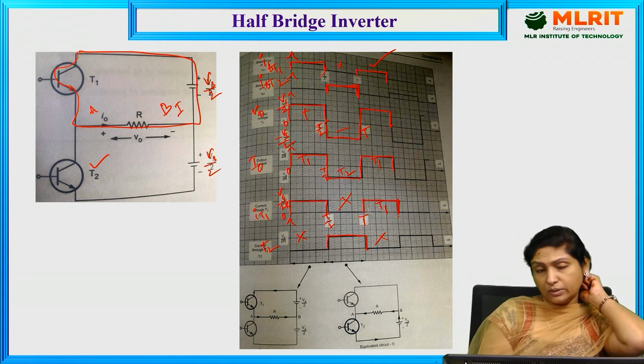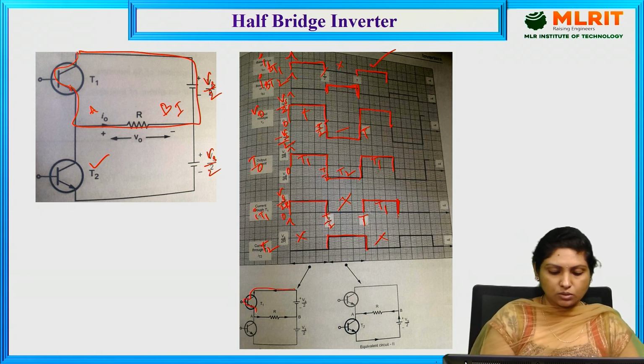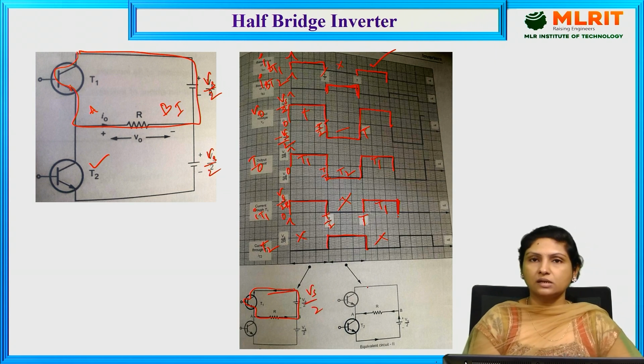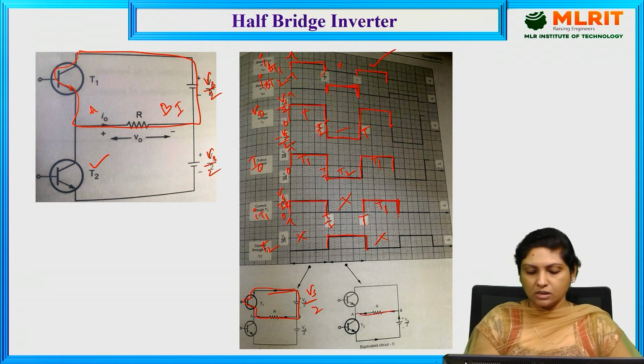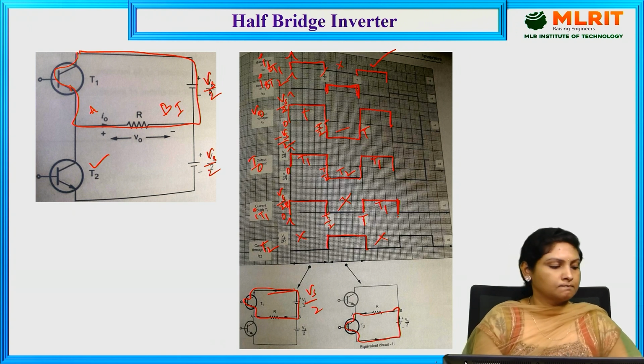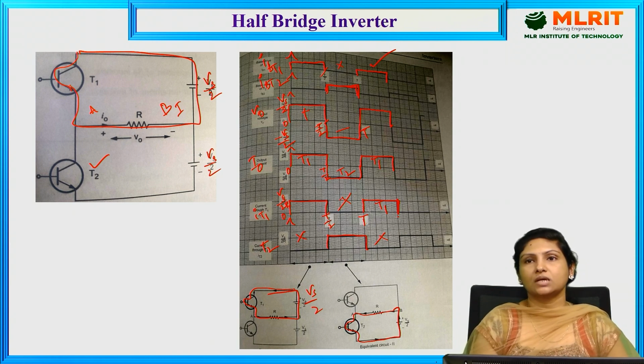So this is the individual circuit diagram when transistor 1 is conducting current through the load with magnitude Vs by 2, and this is the individual circuit diagram when we provide the triggering pulse for transistor 2, and it is conducting during the other half cycle with magnitude Vs by 2. So this is all about the half bridge inverter, which consists of only 2 transistors.